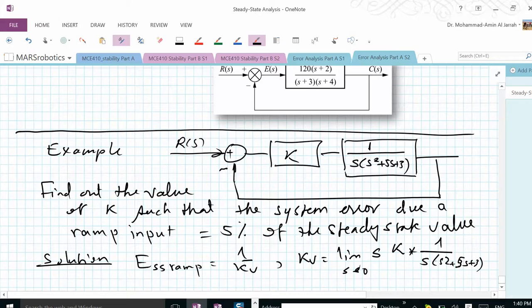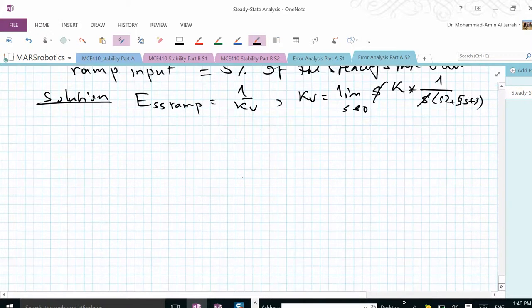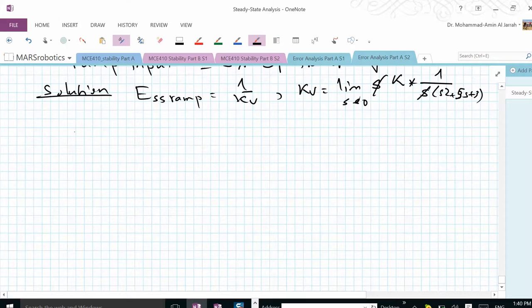So S and S cancel out, and we get Kv equals K over 3. So ESS, the steady state error, equals 3 over K.